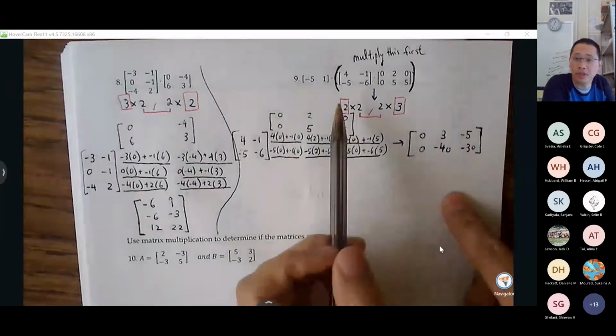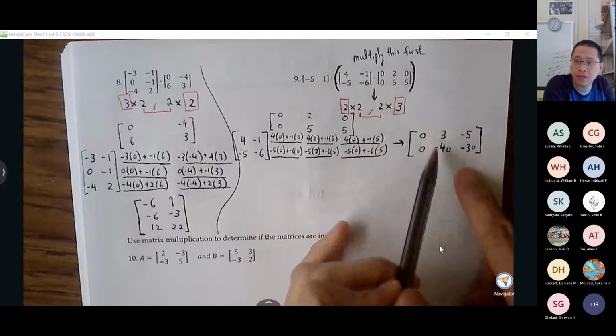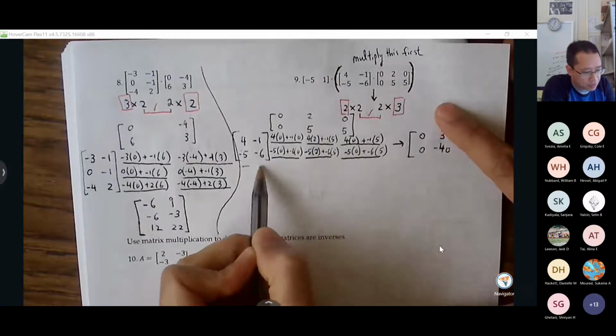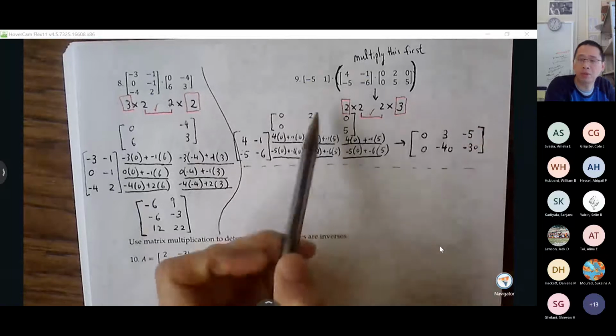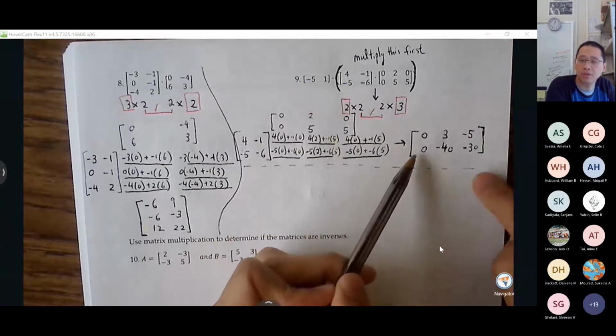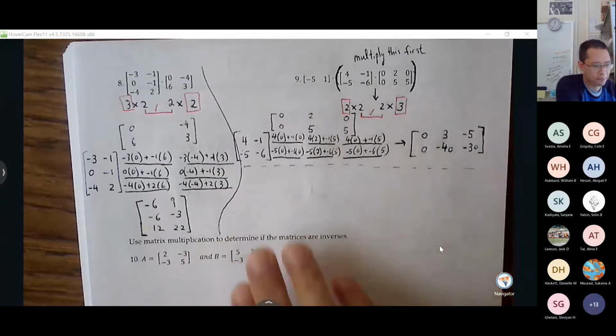Okay, so we solved the first issue, right? Trying to get this down to one matrix. So let's do our second part of the problem, which is multiplying this -5, 1 with this new matrix.